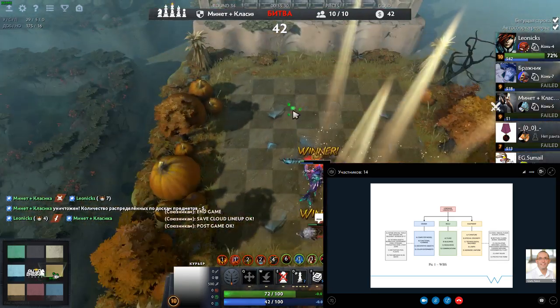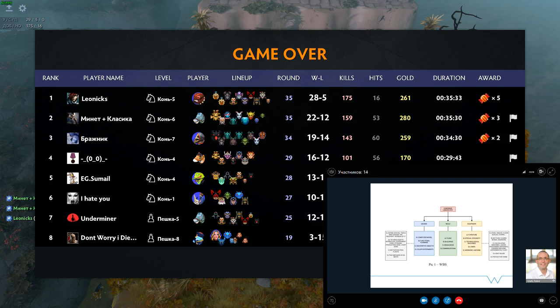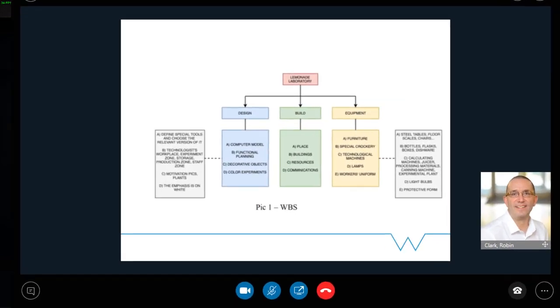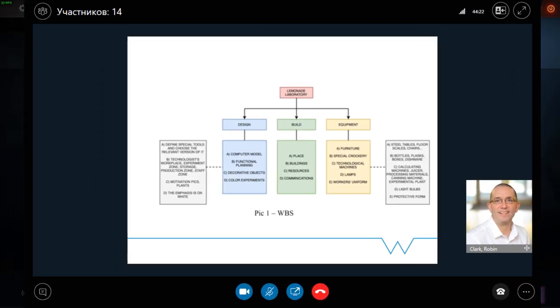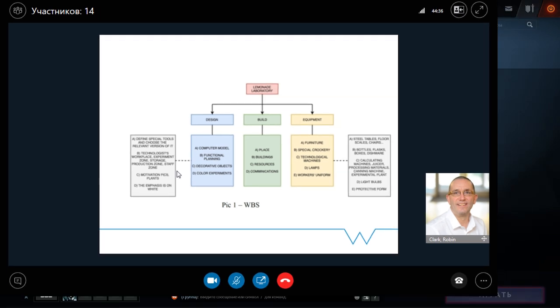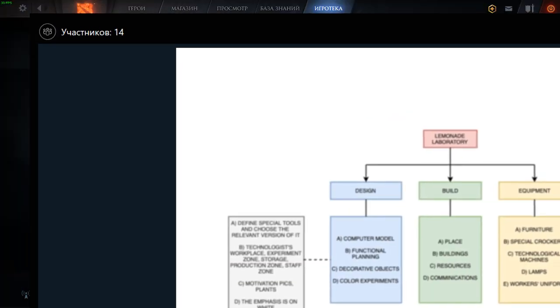Again, it's a very similar way to look at it with the design, build and the equipment. Slightly different representation after that. Interesting though, this was a lemonade factory, I think it was, a lemonade laboratory, which was very interesting. I even got some narrative for this one, so it was interesting to see what the plans were for this particular laboratory.